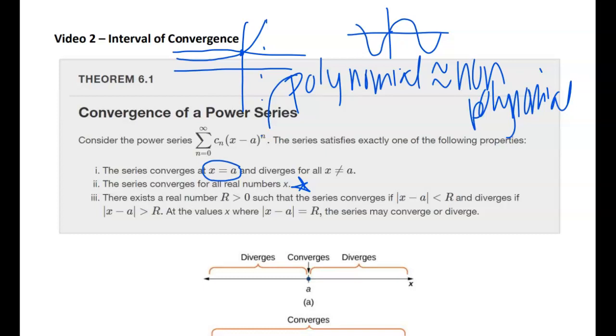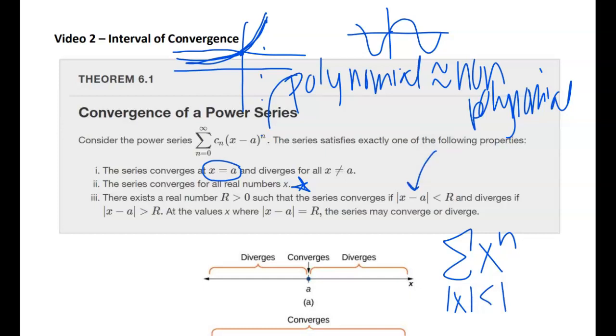Or it might just be on an interval. Like we actually found with 1 over 1 minus x that the series x to the n was only good, right, for absolute value of x less than 1. Now notice a here, that's your center.